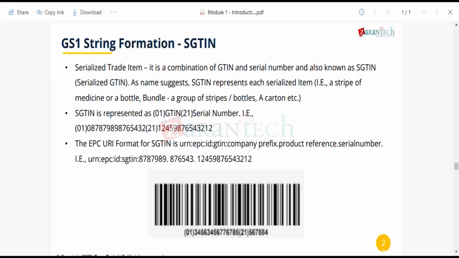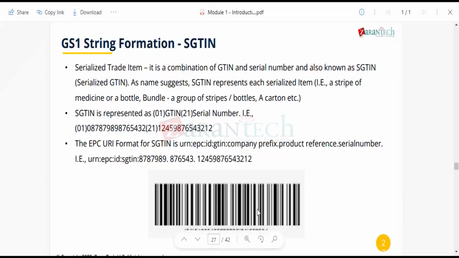That medicine has a serial number, and also, because it is a unit of measure, it has a global trade item number. The global trade item number is nothing but the identifier for the product, but the serial number is unique for each medicine strip. So the combination of 01 and 21 is actually your barcode.